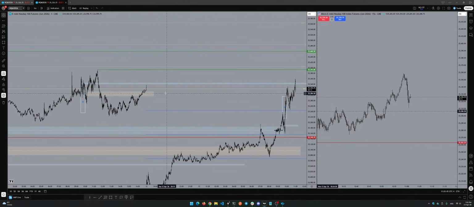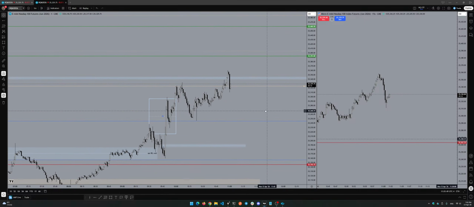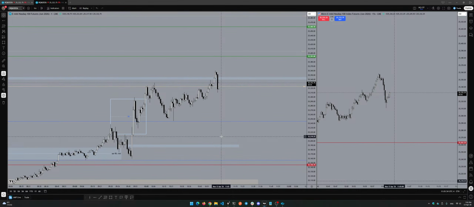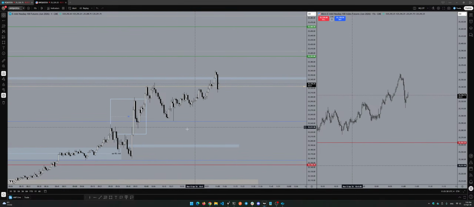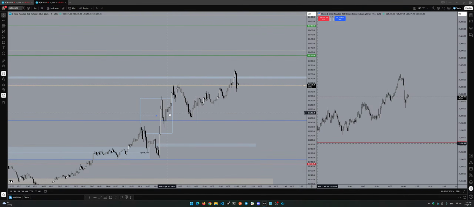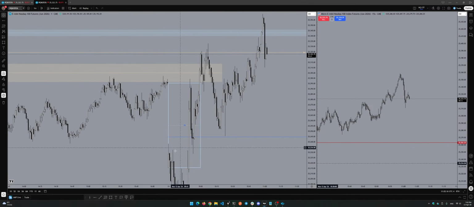Clear the high. I cannot say I have a bias. I need to see how it reacts to the top of the opening range gap, which I will mark with another line.